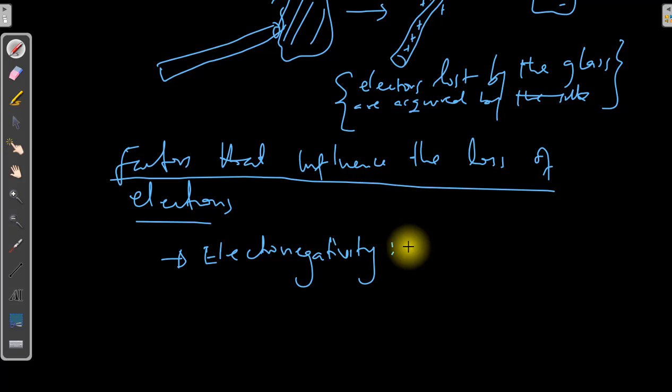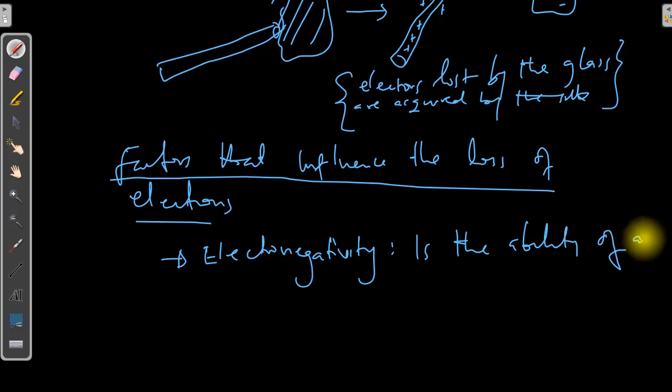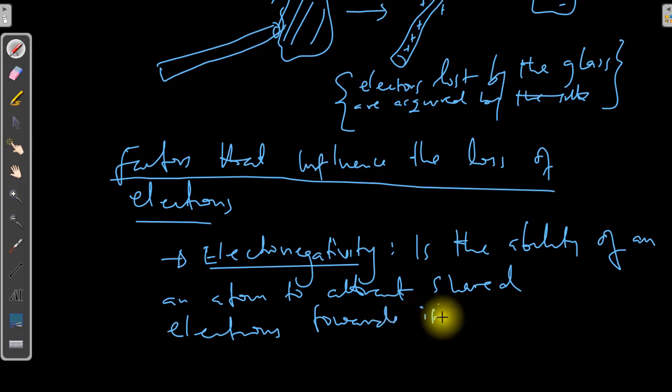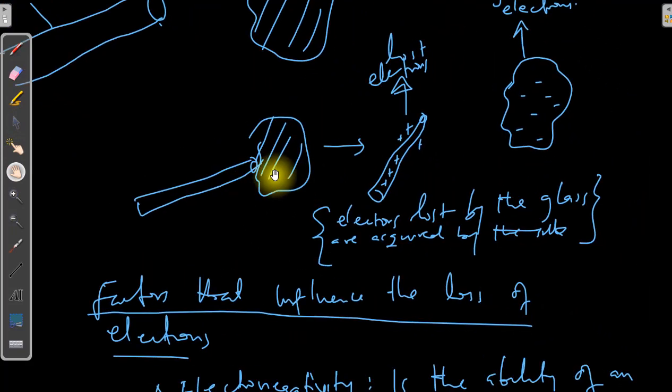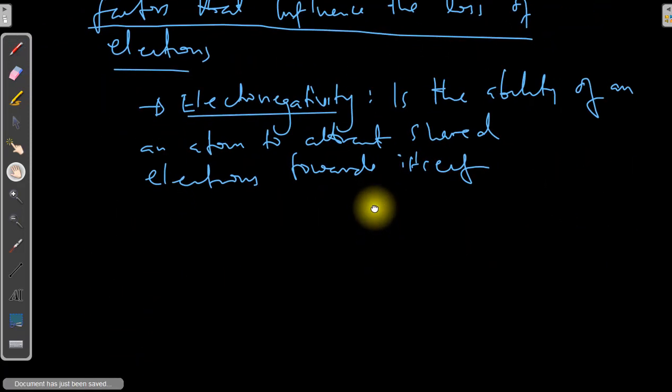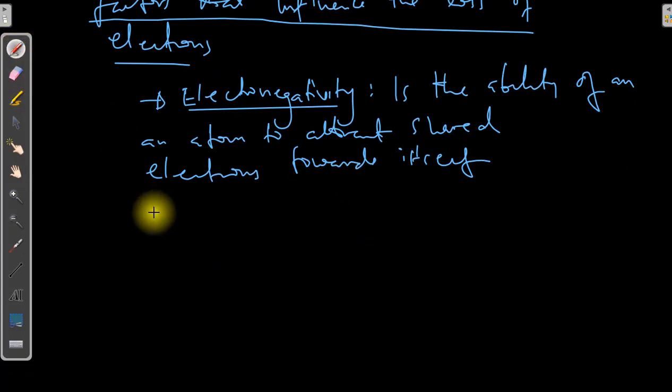Basically, electronegativity is the ability of an atom to attract shared electrons towards itself. So in the previous example of the glass and silk, it turns out that the silk is more electronegative, so it attracts all the electrons to itself, while the glass rod is more electropositive.